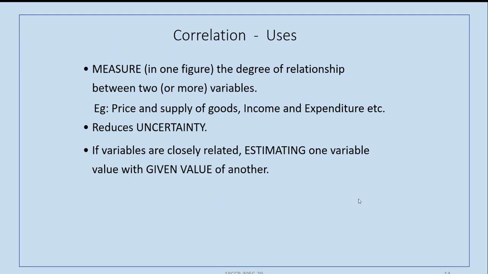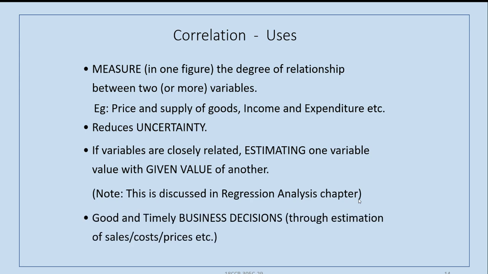Uses of correlation. Now we will see what are the uses of correlation. It measures the degree of relation between two or more variables. Definitely, when there are two variables, definitely we will try to compare them.